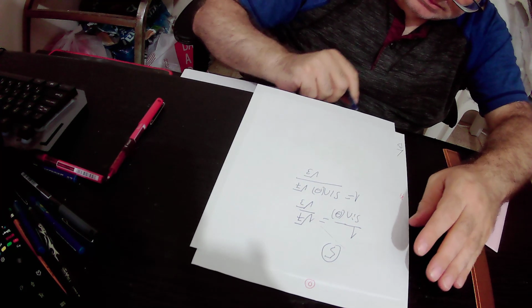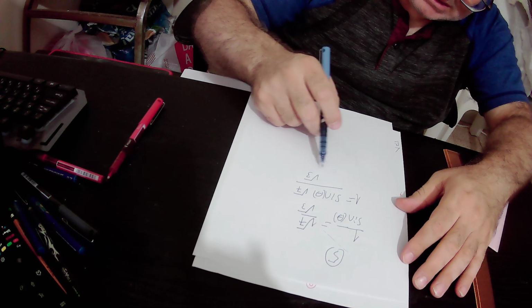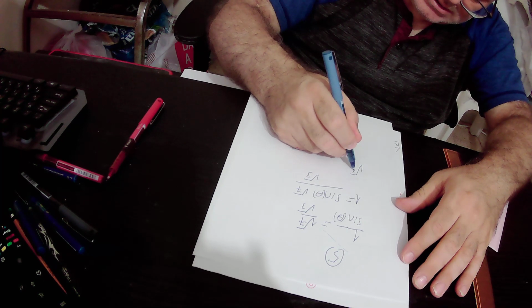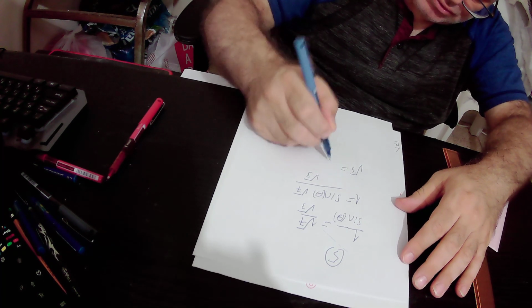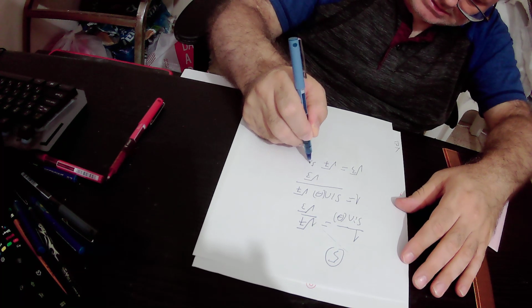Okay, here we will multiply this equality by root 3, and we will get that root 3 equals root 7 times sinus theta.